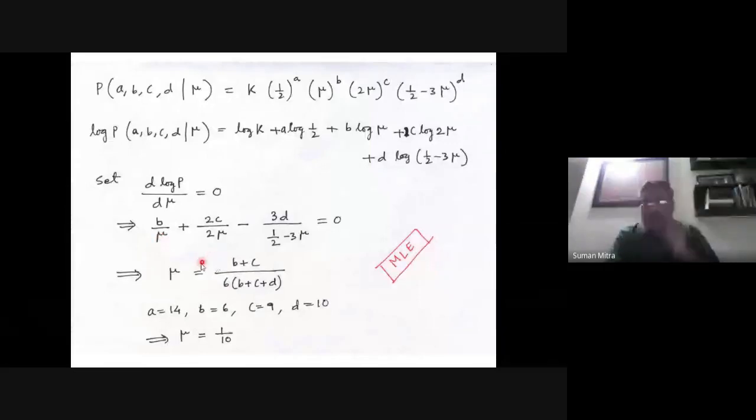So here what we are getting, mu equal to B plus C divided by 6 into B plus C plus D. So this is my data, right? So this is an estimate of mu. So if we have in particular A equal to 14, B equal to 6, C equal to 9, D equal to 10, we'll get mu equal to 1 by 10. Got it? Yes or no?